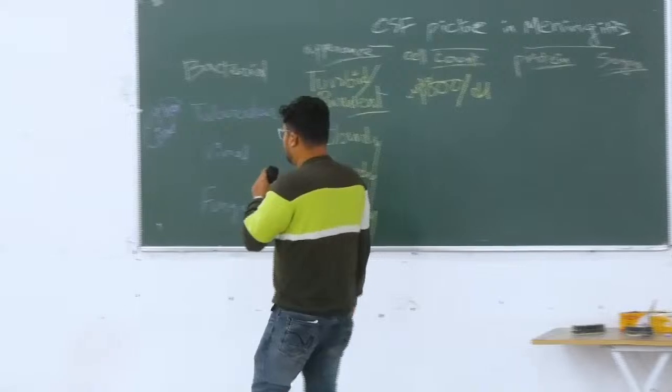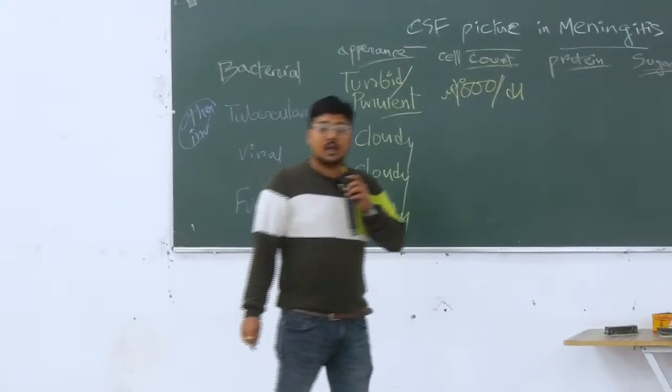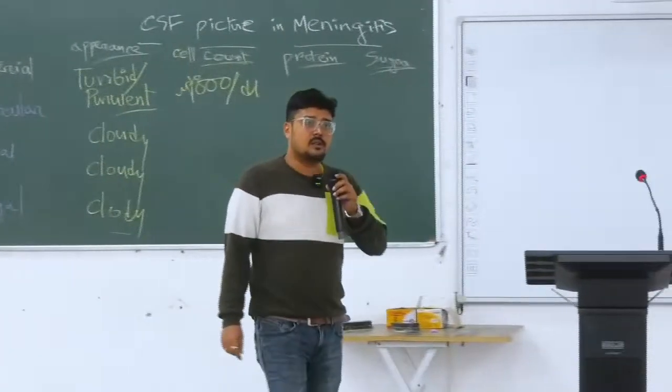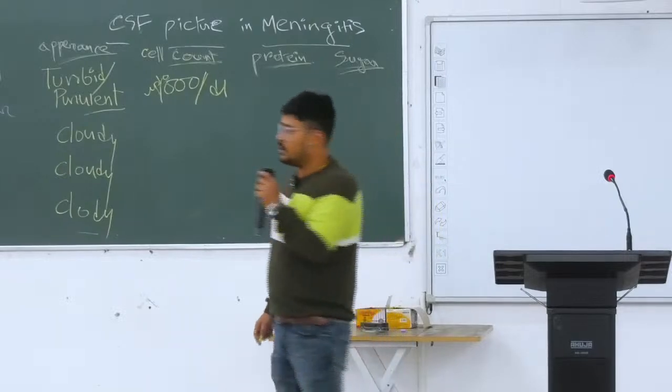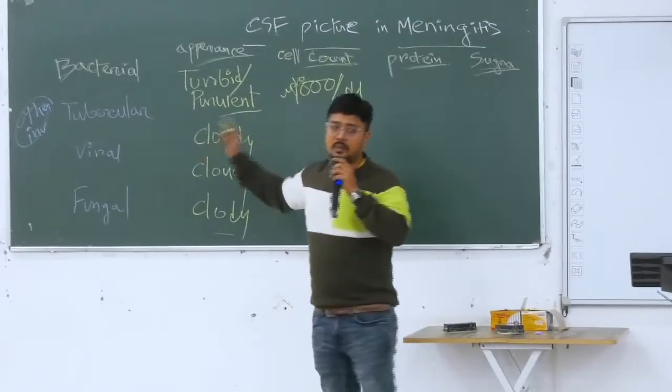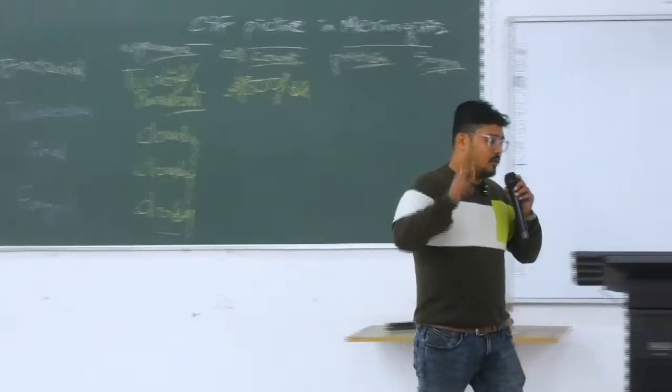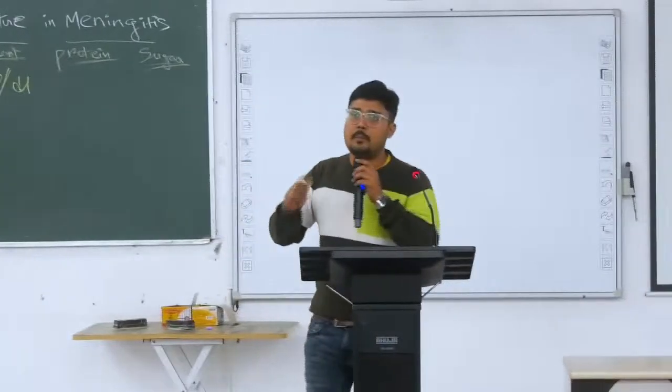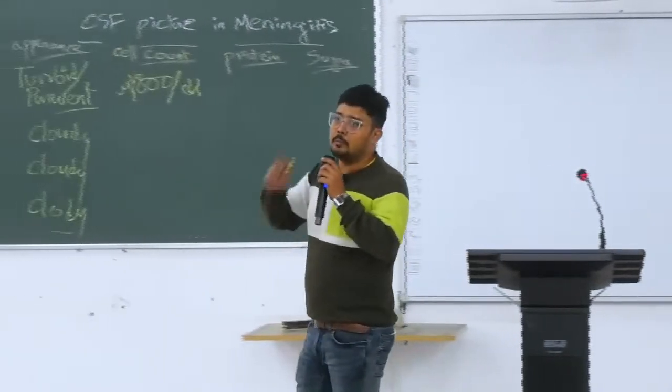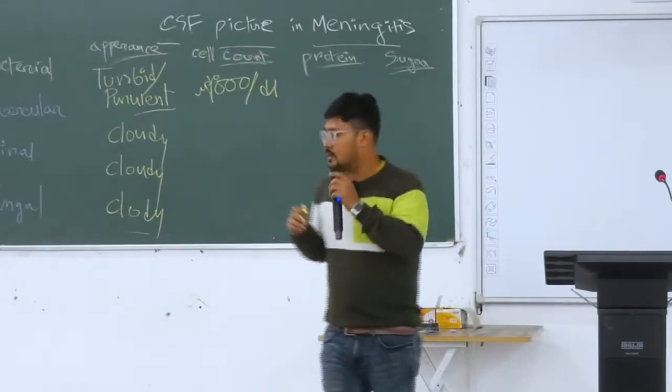In tubercular, viral and fungal meningitis, this cellularity is also increased, but the maximum number of cells we get is in the bacterial group of meningitis.